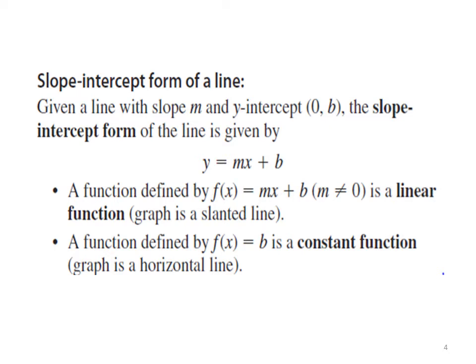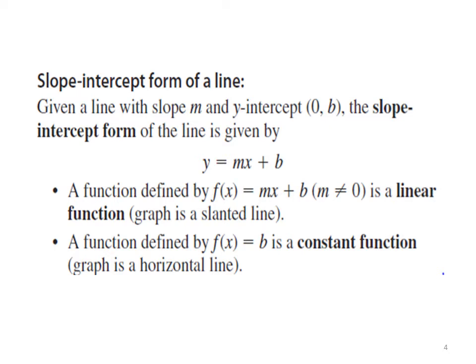For a given line with slope equal to m and y-intercept (0, b), that means the line intersects the y-axis at the point (0, b). You can write the equation of the line in this form, y equals mx plus b. Any time you write the equation of a line in this form, the coefficient of x will give you the slope, and the constant here will give you the y-intercept.